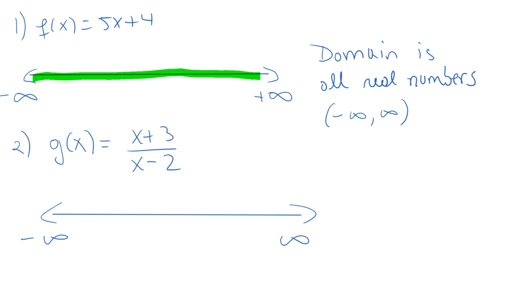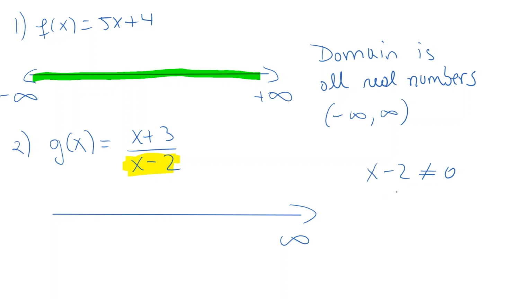Since we have a fraction in here, we know that we can't divide by 0. So that means that this quantity that is the bottom of the fraction of the rational expression cannot be 0. So therefore, we must have that x minus 2 is not equal to 0. So let's see what input will cause that.